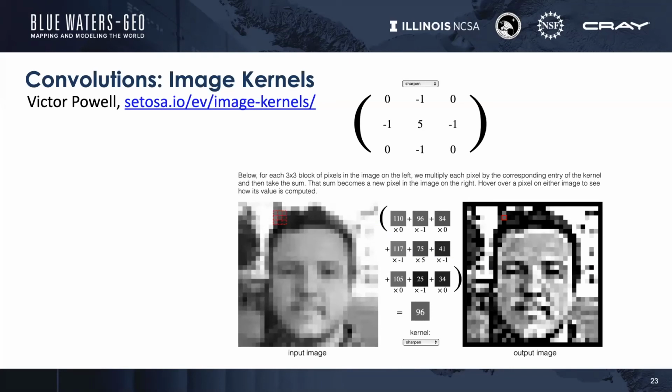So if we want to take this principle and apply it to images, what we do is the kernel, in this case, is just a 3x3 array. We can choose it to be any size, but for this example, let's just choose it to be a 3x3 array.